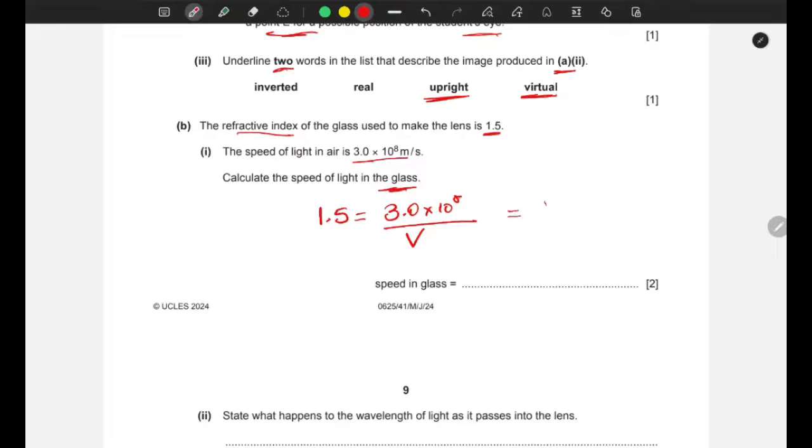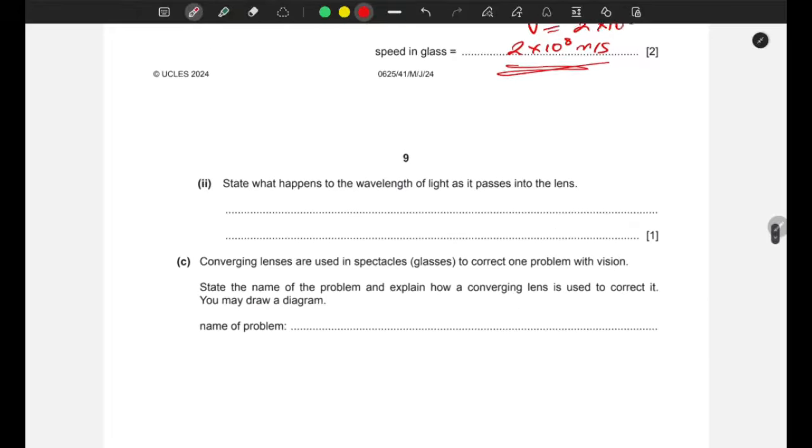So rearranging this gives us v equals 3 times 10 to the power of 8 over 1.5. That would give us 2 times 10 to the power of 8 meters per second. That's the speed of light in glass.